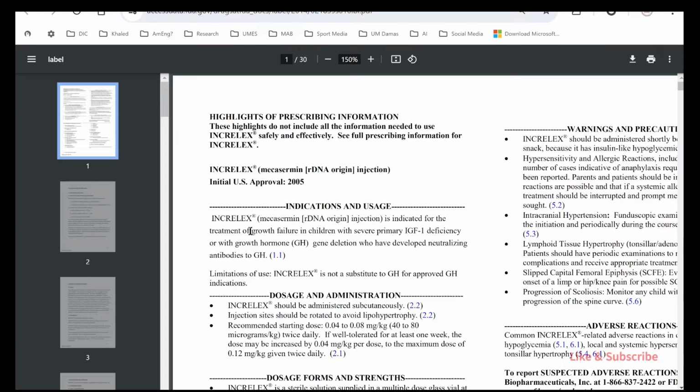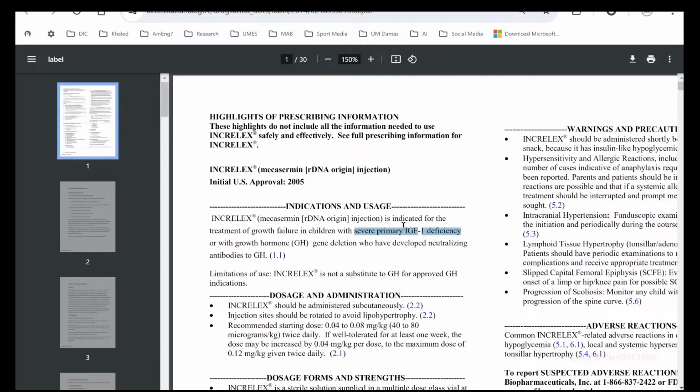This medication is prescribed for children for treatment of growth failure in children with severe primary IGF deficiency. Or if the children suffer from growth hormone gene deletion, who have developed neutralizing antibodies to the GH. So the main reason we need you to remember is patients suffering from deficiency in the IGF hormone.